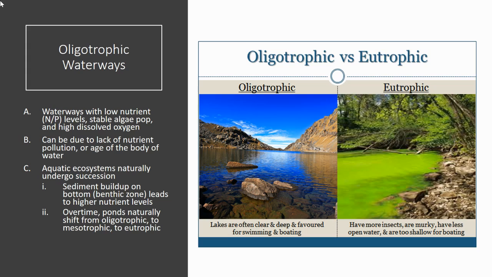And we see that happen when we have sediment buildup, typically on the benthic zone or bottom layer of our lake or freshwater ecosystem, that can sometimes lead to higher nutrient levels. And over time, that oligotrophic lake is going to shift to a eutrophic lake. So that would be a natural occurrence of eutrophication versus cultural eutrophication, which is driven by human influence.